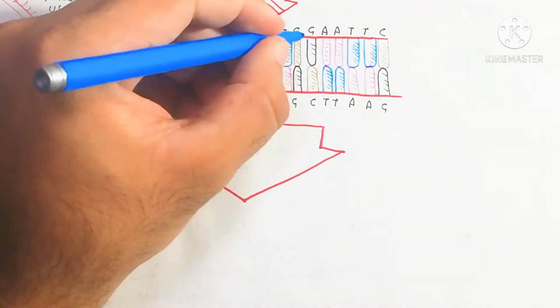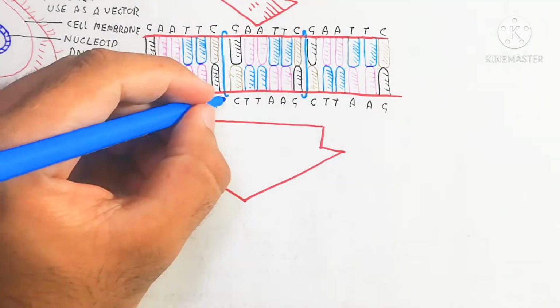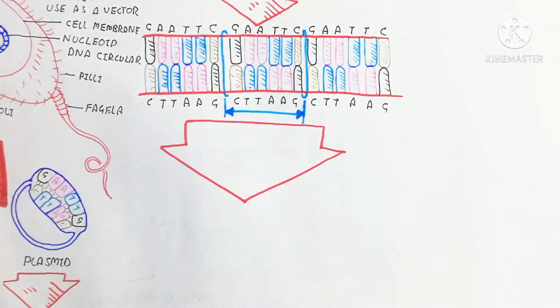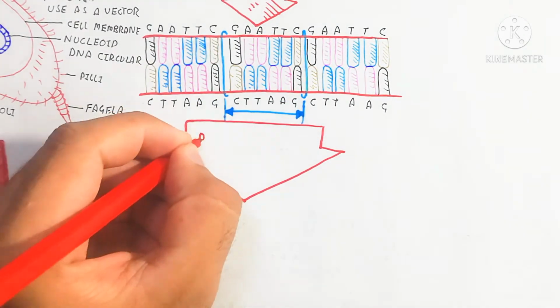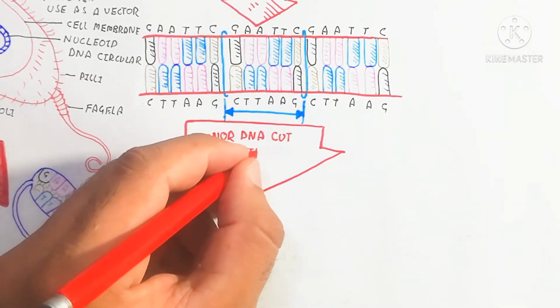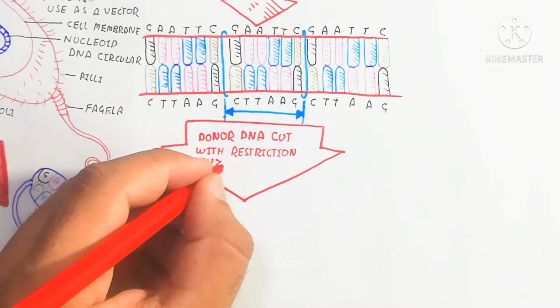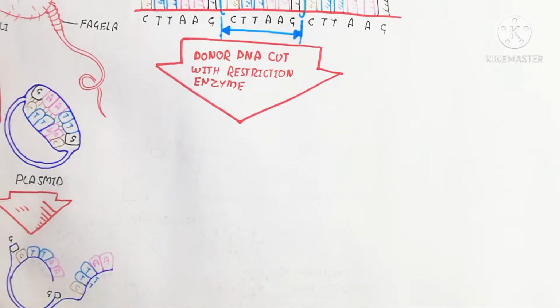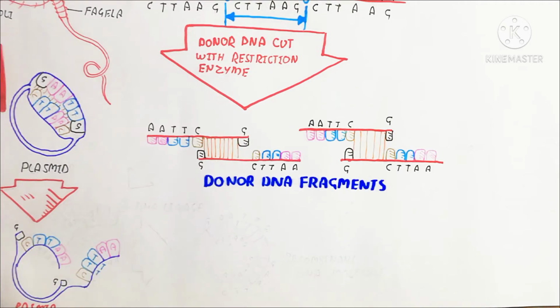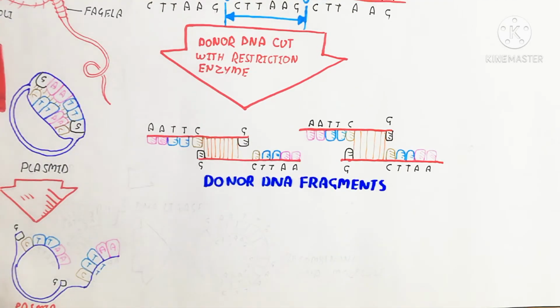This region 1, band 5, sub-band 5 is on the P arm side, the small arm, and the gene will be separated. So the donor DNA will be formed. Here is the DNA structure, the separated segment where the transcription and translation of the protein, for example insulin, take place.